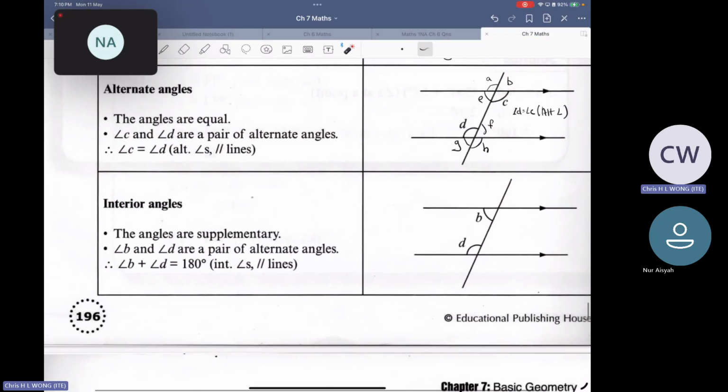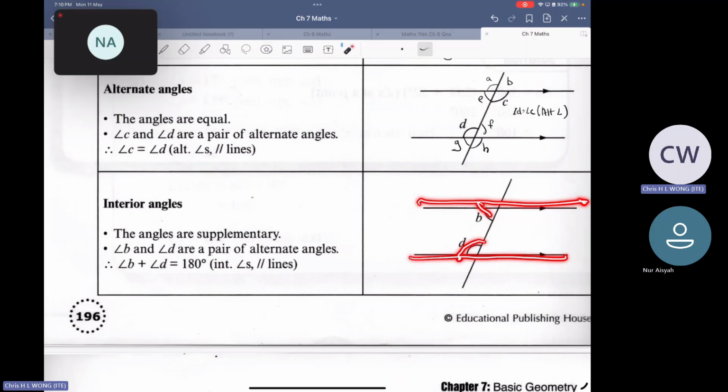Okay. Now, if I have two parallel lines, I also have interior angle. But this time it is not a triangle. The interior angle between two parallel lines. If I have one parallel line, two parallel lines, the interior is inside.